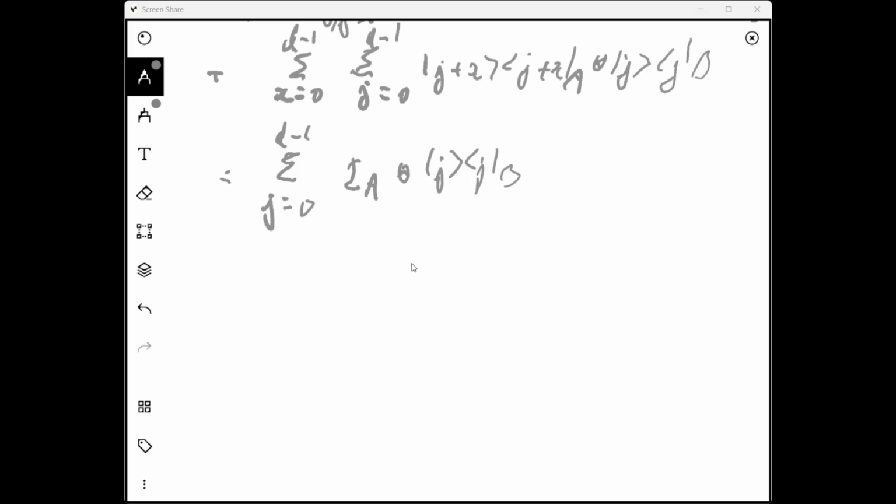We apply the fact that we have the sum of x equals 0 to d minus 1 of x x more or less, so it gives the identity, and same for g g.